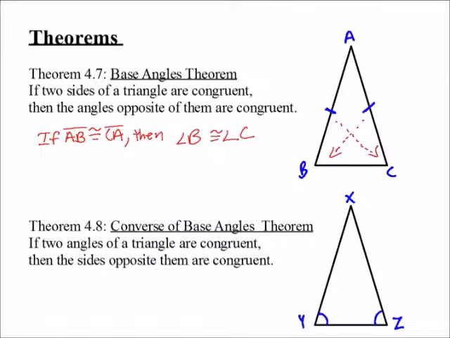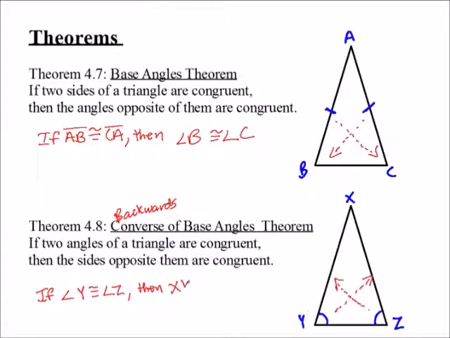Okay? Now the converse, or the backwards, because remember, converse means backwards. The converse of the base angles theorem says if the two angles are congruent, then the sides opposite are congruent. So if angle Y is congruent to angle Z, then, okay, here's that side, and here's that side.